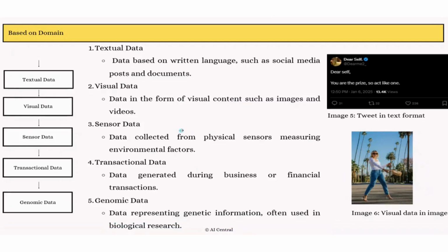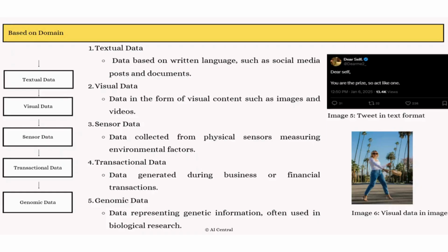Now next is the sensor data. So sensor data can be collected from physical sensors, like if we are wearing a smart watch, then heart rate or steps. So this type of data that we are collecting using the smart watch, it has some sensors. So likewise the sensor data. Next is transactional data.